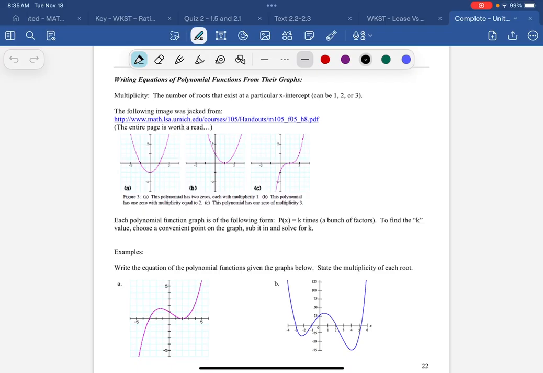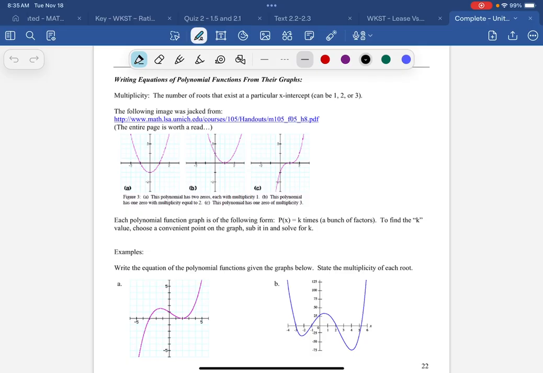Generally, we're just observing the appearance of the graph at given x-intercepts, and then from there we're assigning multiplicity based off what we see. That's probably the most challenging part of this. So once we get a handle on that, everything else becomes a whole lot easier.